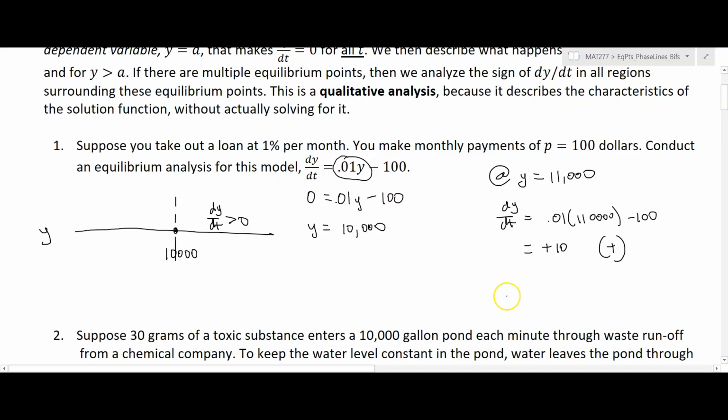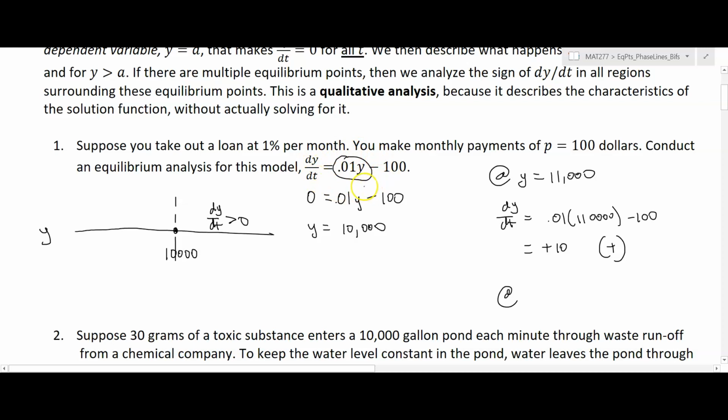And we can do the same thing at a value less than 10,000. The reason that we only need to check one particular input on each interval is because the only way for a derivative to change signs is to pass a critical point or to pass some sort of break in the graph like an asymptote.